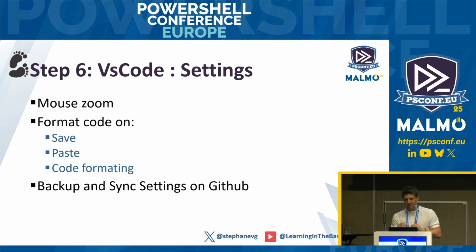Format code is basically the Control Alt F I did, where it aligns everything. You can also do that on save, so when you press Control S, it will automatically format it. On paste, when you press Control V, the part you paste is also formatted. But be careful if you do it on save.